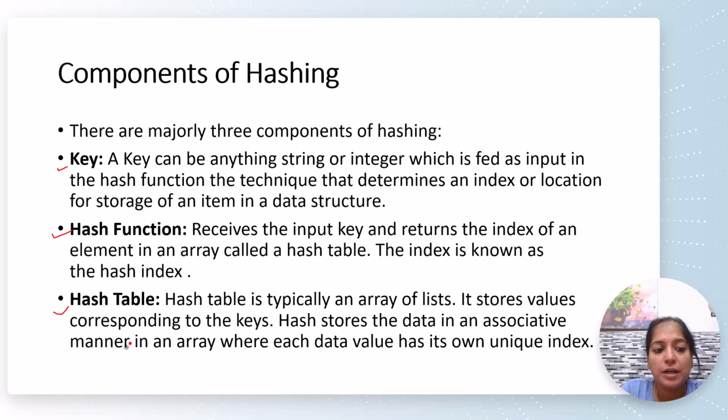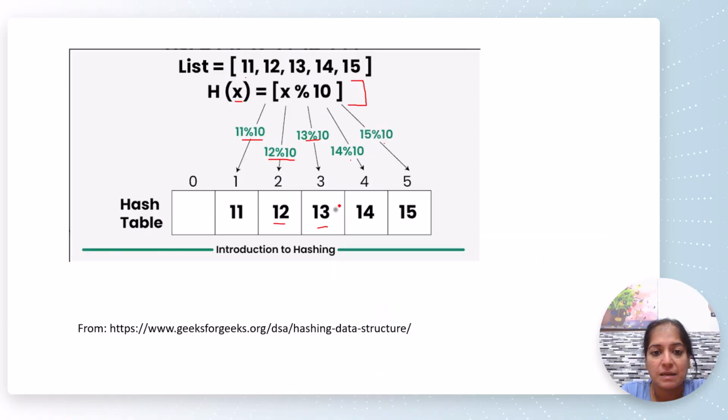And the third component is the hash table. The hash table is the array; generally we use an array of lists here. It is where we are going to store the values or keys, and that is called the hash table. Generally we take it as an array. In this example, this is our hash table where we are storing the values.